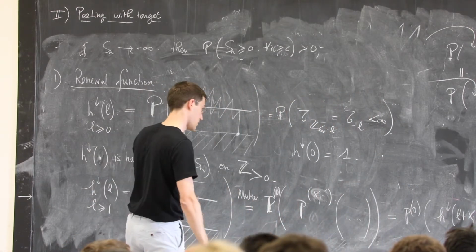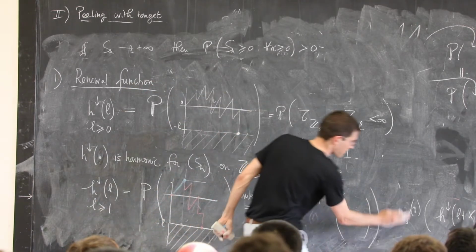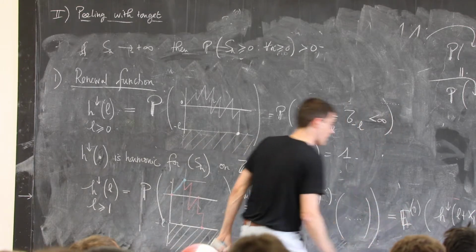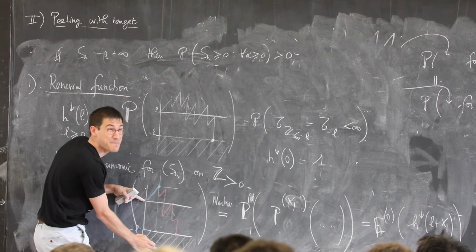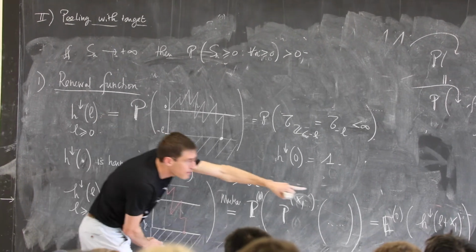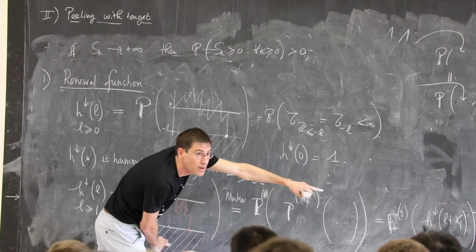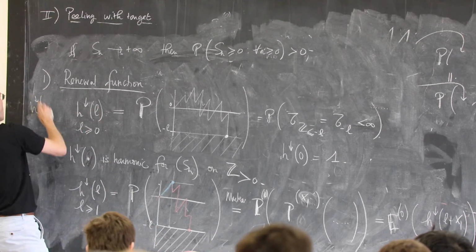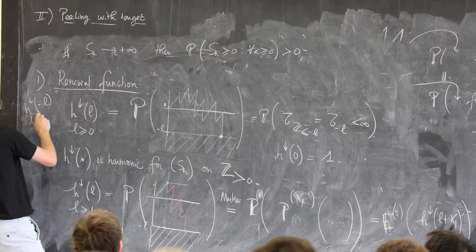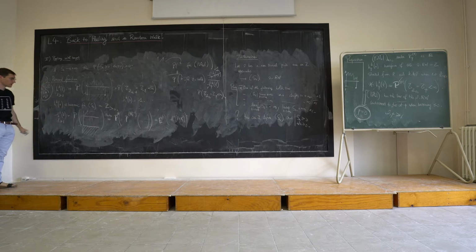Yes, here I have an expected value. Notice that if I do a negative jump which takes me below minus L, then in the argument of the function h I will have something negative, which will be 0 by this definition. So h of minus L, when L is positive and bigger than 1, is 0. So it's actually contained here.